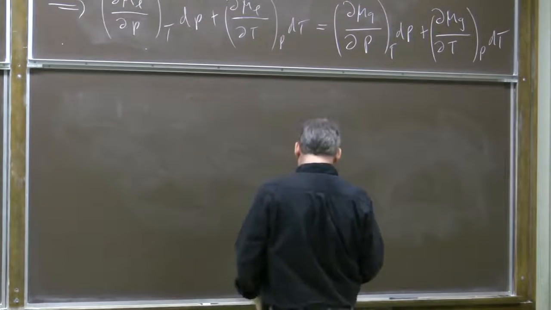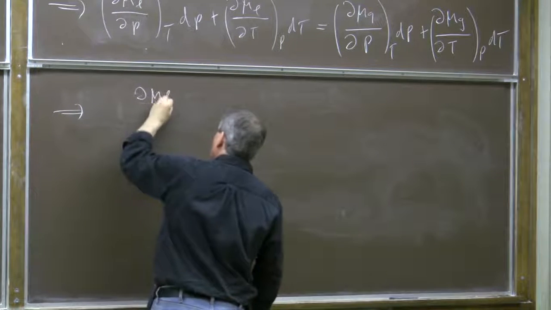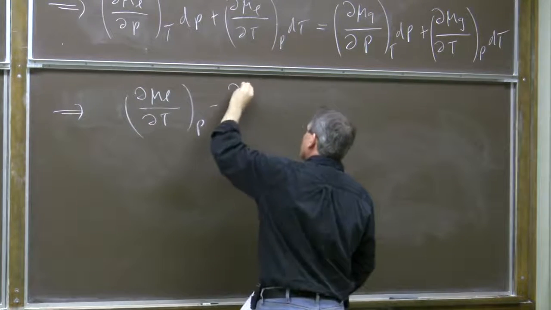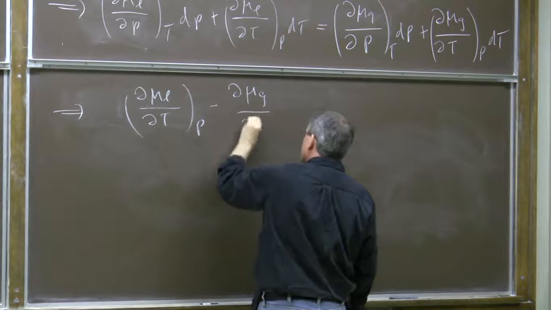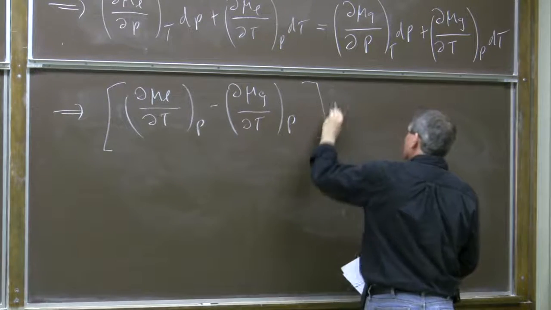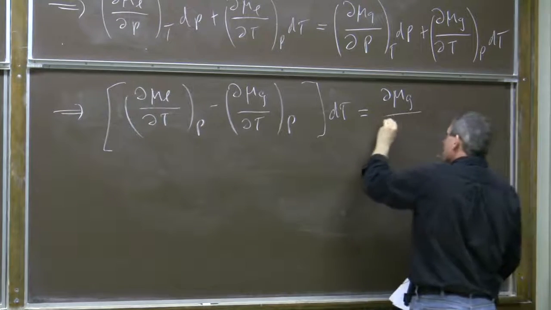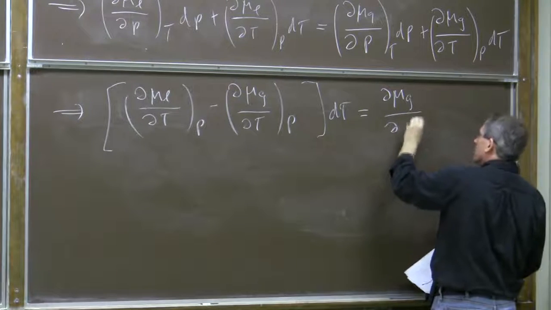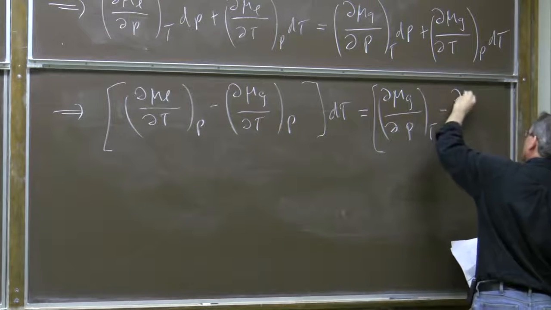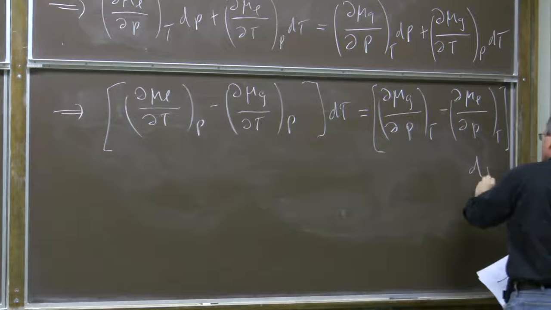So if I put the terms proportional to d tau on one side, I can write that as the partial derivative of chemical potential of the liquid with respect to tau at constant pressure minus the partial derivative of chemical potential of the gas with respect to tau at constant pressure, that quantity multiplying d tau, matches the partial derivative of chemical potential of the gas with respect to pressure at constant tau minus the partial derivative of chemical potential of the liquid with respect to pressure at constant tau, all multiplying dp on the other side.